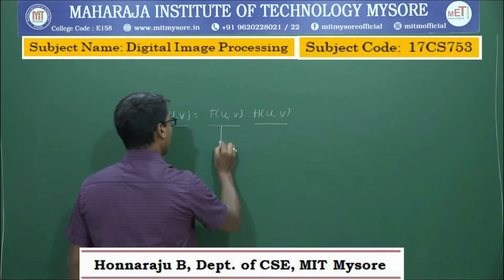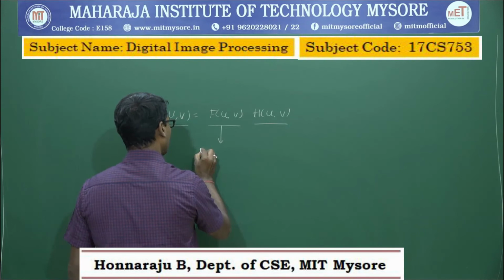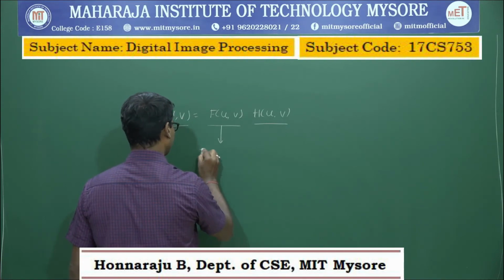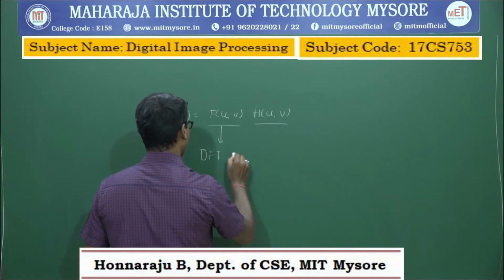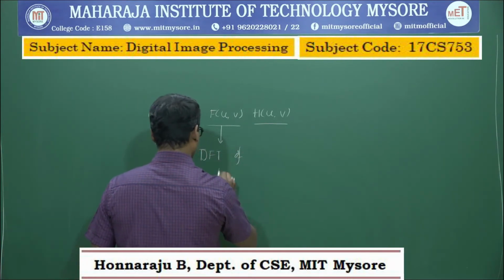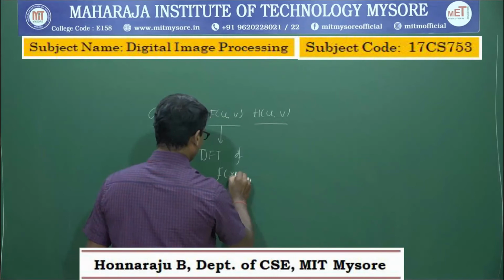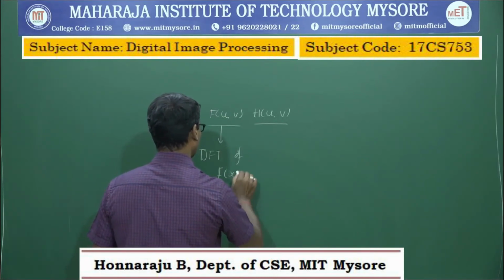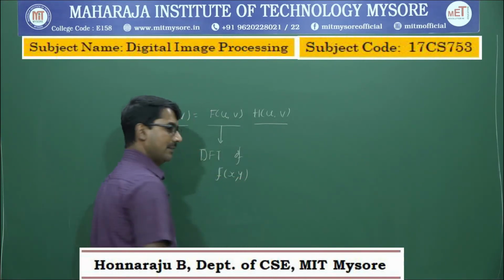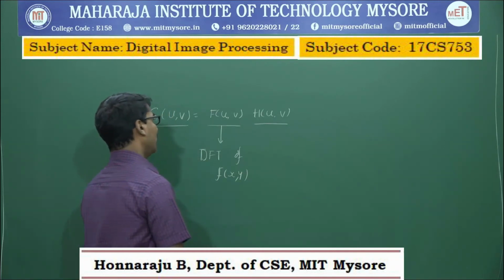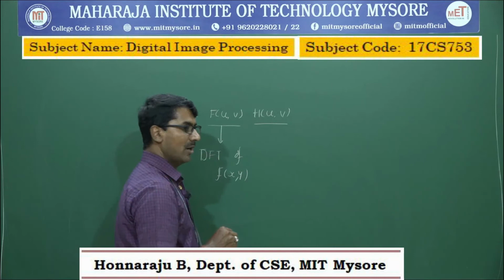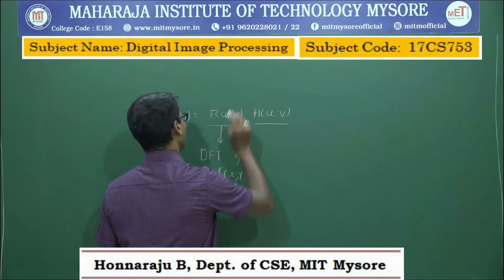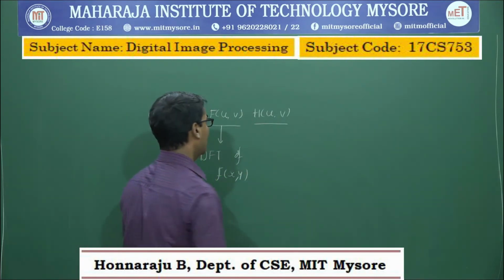Here F(u,v) is the DFT, discrete Fourier transformation, of f(x,y). So f(x,y) is the input image, and the input image is converted into F(u,v). So F(u,v) is the discrete Fourier transformation output.